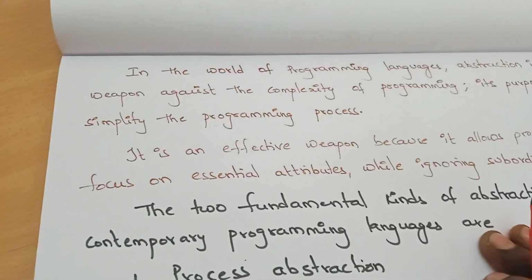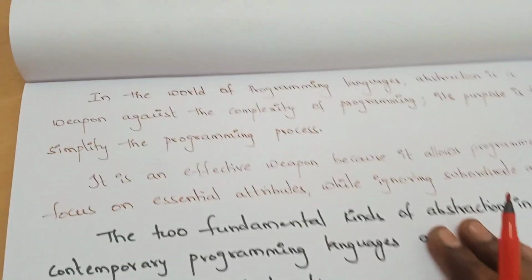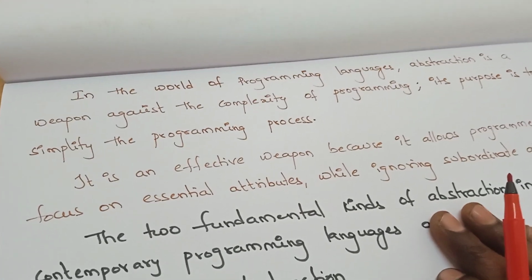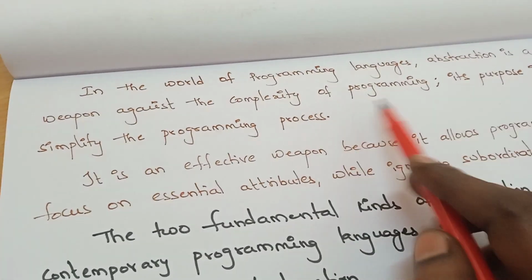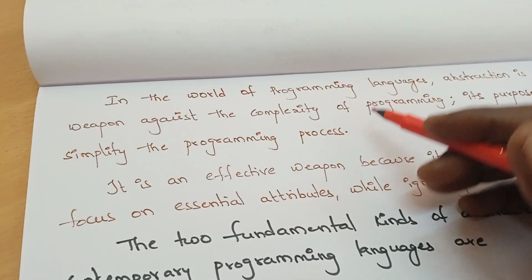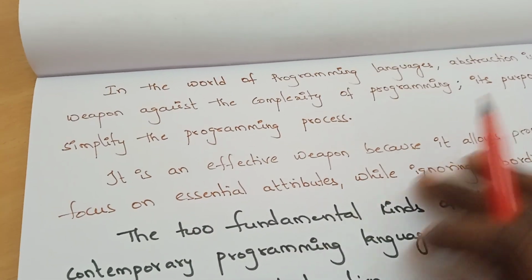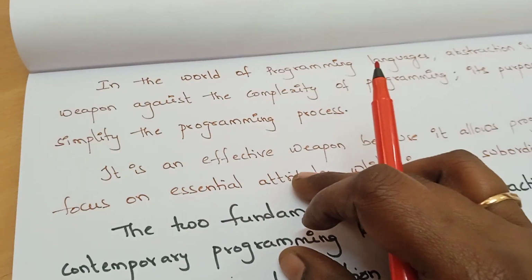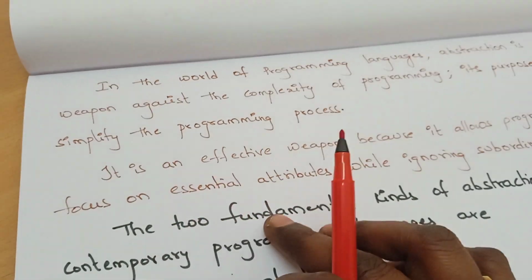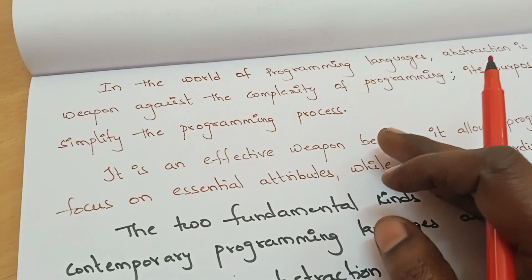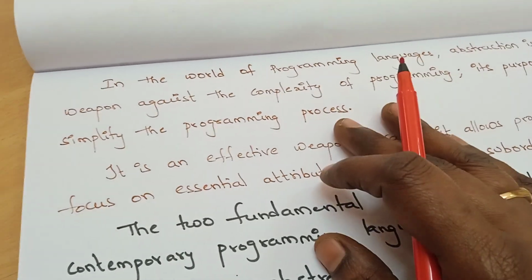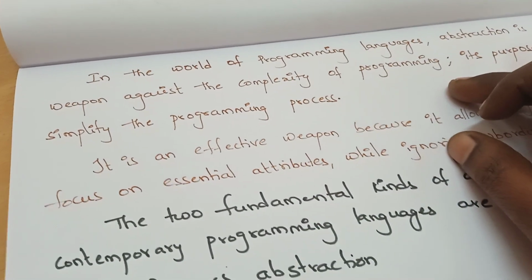So actually this abstraction is a weapon, simply say it's a weapon against the complexity of programming. In the previous example we showed that the bird has some attributes, and I will not write the same attributes repeated for crow and robin. In complex programming, we would write everything in the program.